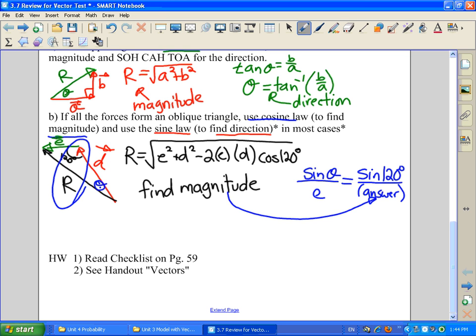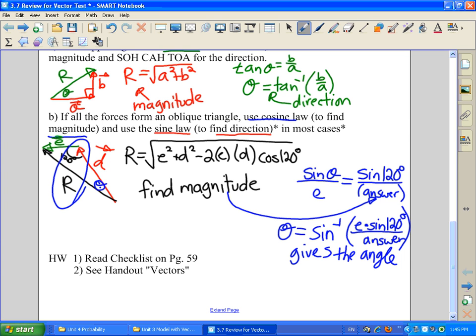And then remember, because you're finding an angle, guys, it's the sine inverse of E times sine of 120 degrees, all divided by your answer. This gives you the direction, so it gives the angle, and then you need to remember to fix it to a bearing.